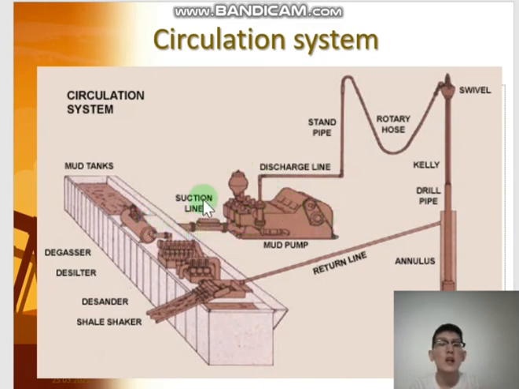The mud pump is the heart of the circulating system. In the picture we see only one type of mud pump, but in drilling rigs we use two pumps: a primary pump and a second one for backup.